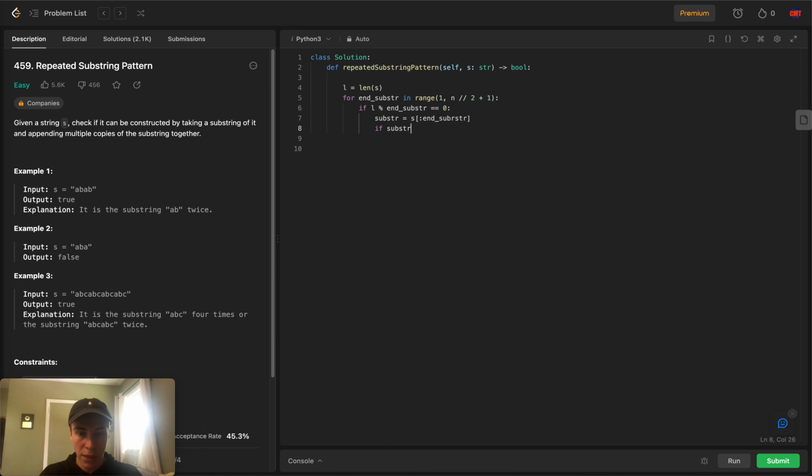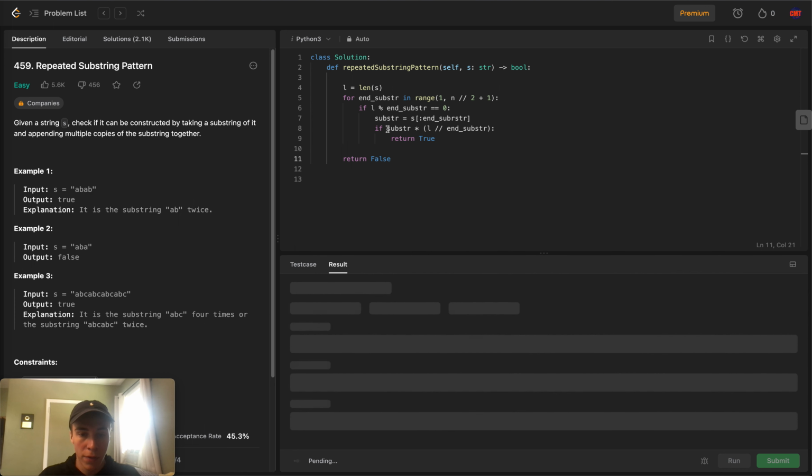So if sub str times length of L divided by, and this divides it into even numbers, so if I divide it by this, return true, otherwise return false.